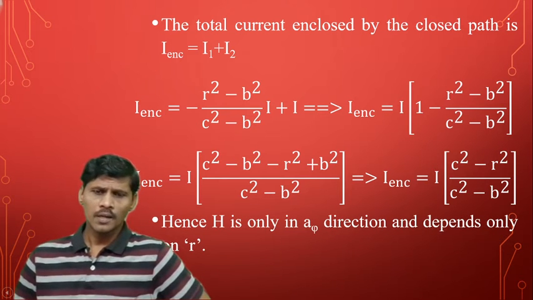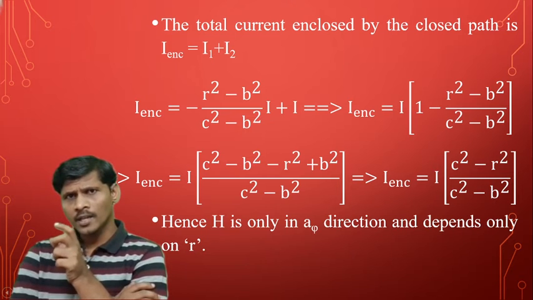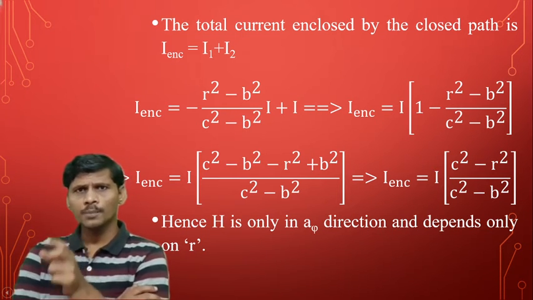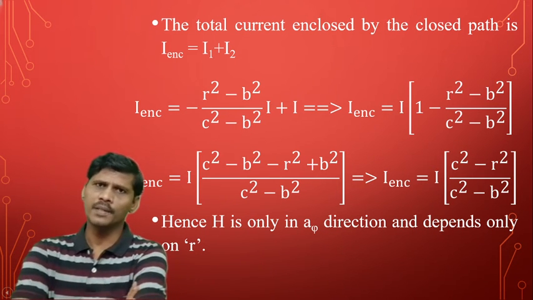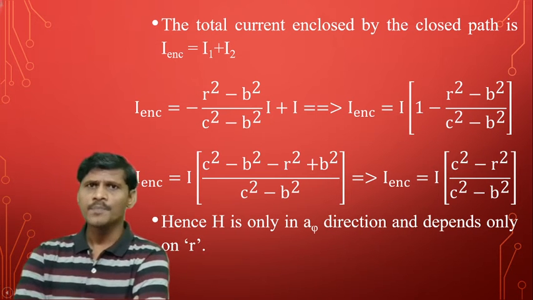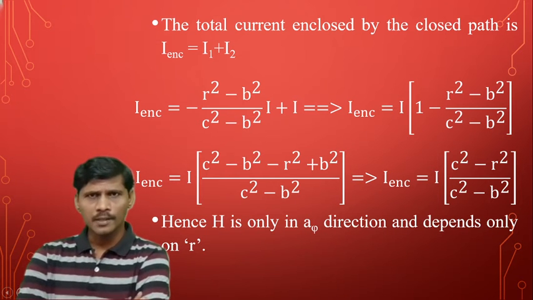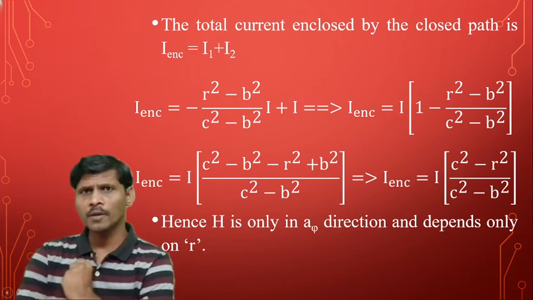According to Ampere's circuital law, now here the Amperian path is considered between B and C. The point P is considered at any point on the Amperian path. At that point P, consider the differential length dl bar. At that point P, the direction of the differential length and the magnetic field intensity is varying in the a phi bar direction.